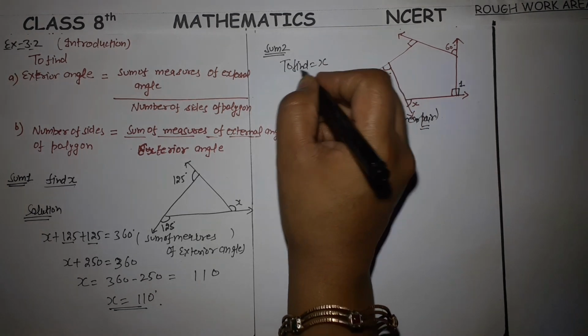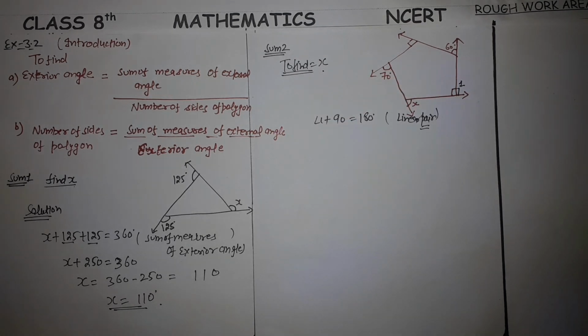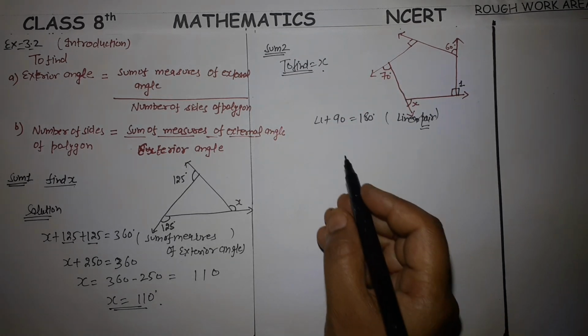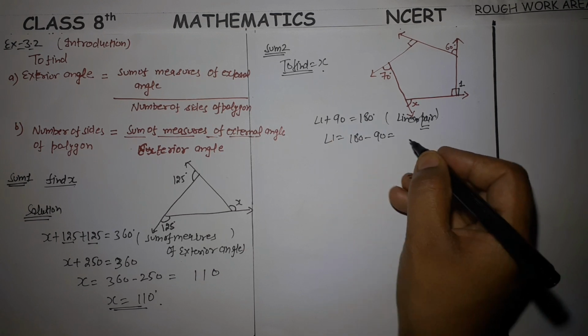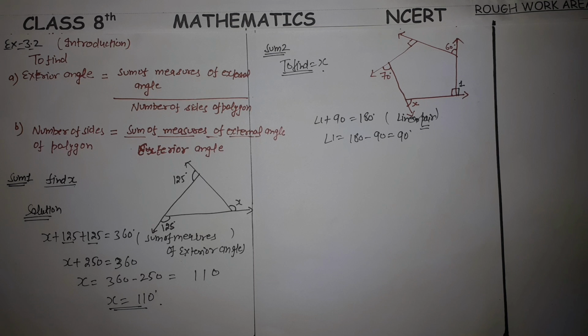To find angle x, angle 1 is equal to 90 degree.